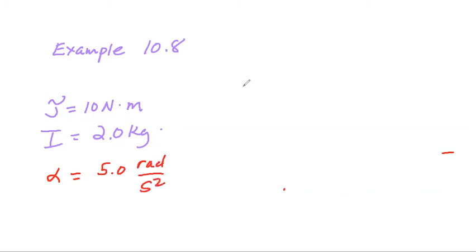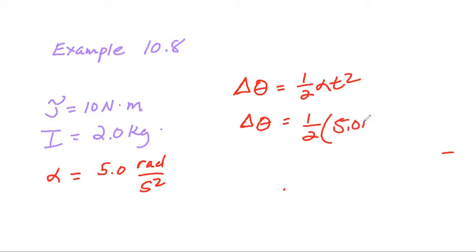And now we need to find the angular distance. Delta theta is going to be equal to 1/2 alpha t squared. So delta theta equals 1/2 times 5.0 radians per second squared times 8.0 seconds quantity squared, and that gives us 160 radians.